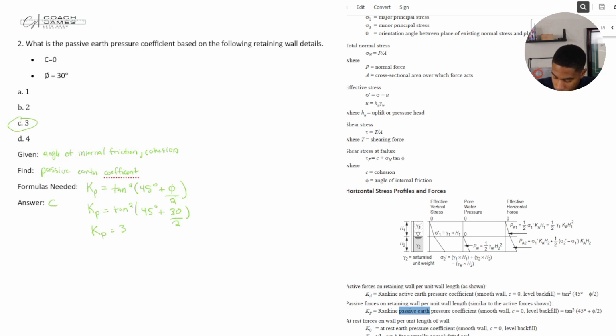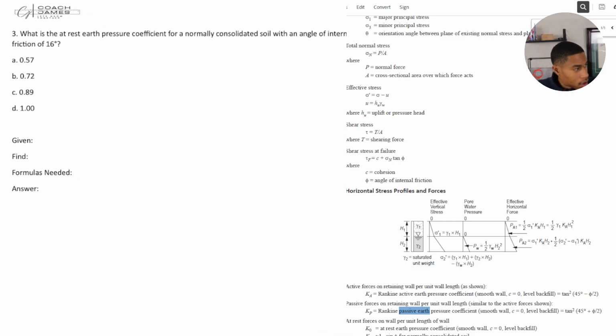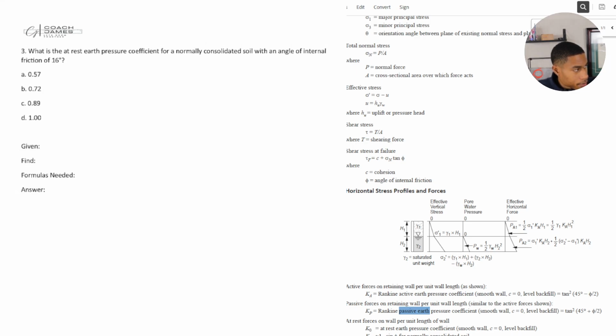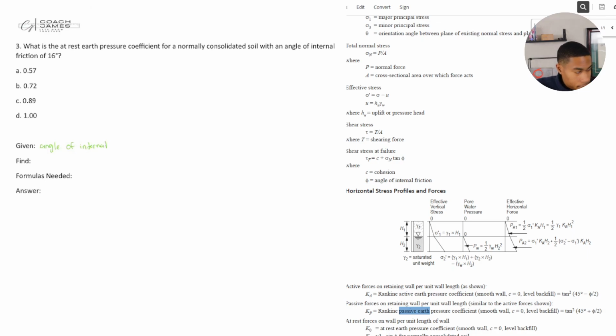Let's see. All right, let's look at number 3. So this one says, what is the at-rest earth pressure coefficient for a normally consolidated soil with an angle of internal friction of 16 degrees? So they give us the angle of internal friction, right?